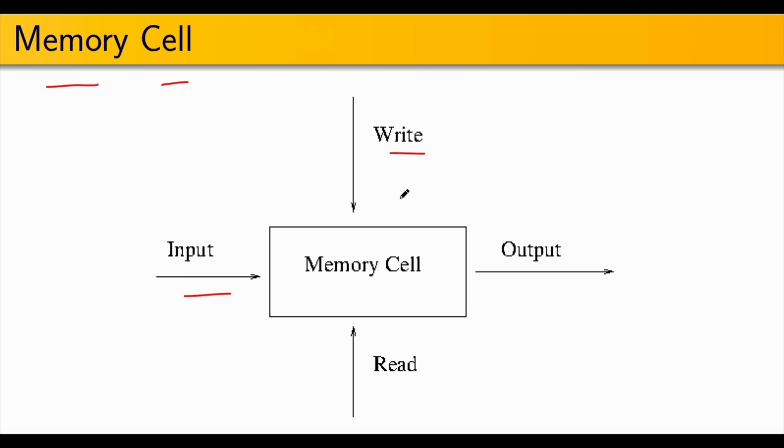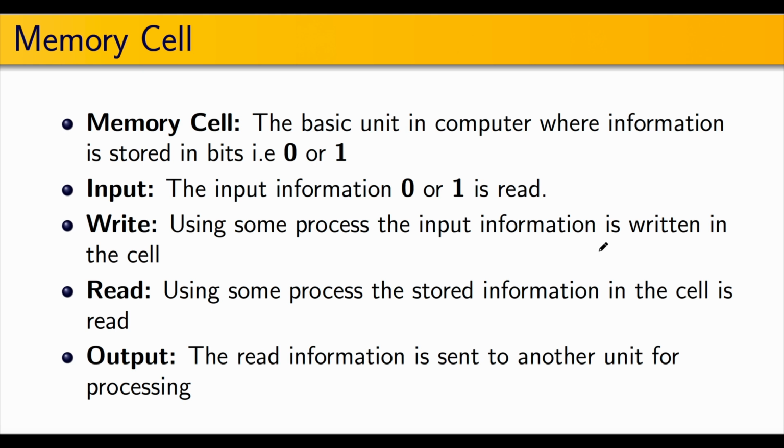Once it's written, at some point of time we may want to see what information is there in the memory cell. So there has to be a mechanism to read that input, and once we read it, it will be sent as an output to some other system or register. This output will become the input of some other register, and we'll see what a register is later on.